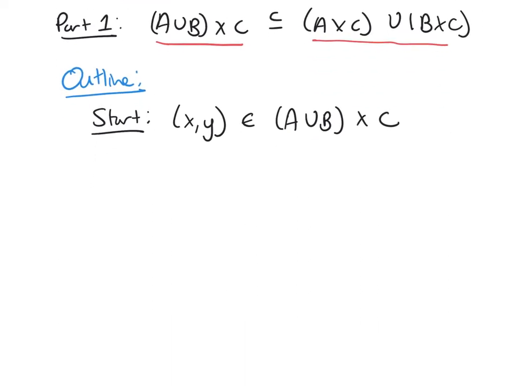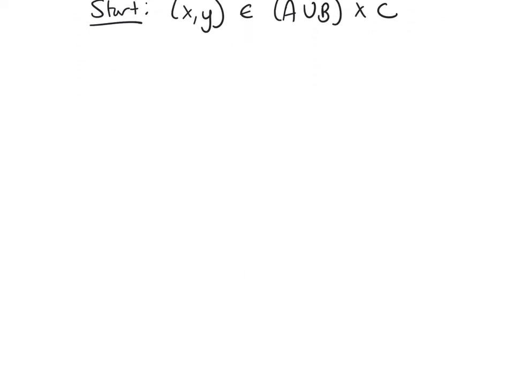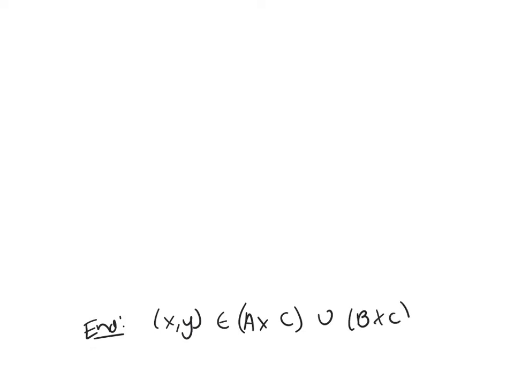So the end of our proof is going to be that x comma y is in A cross C union B cross C. To be in this union, it means either xy is in A cross C or xy is in B cross C. So that's where I need to get to.